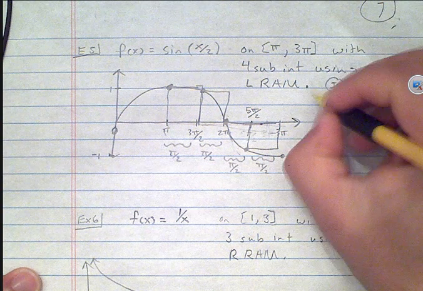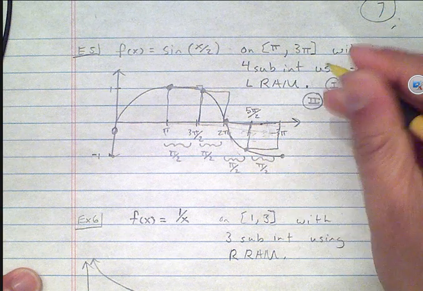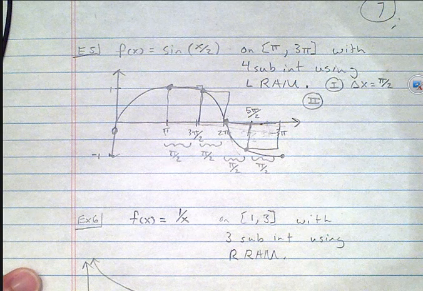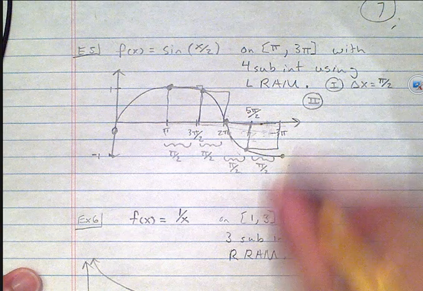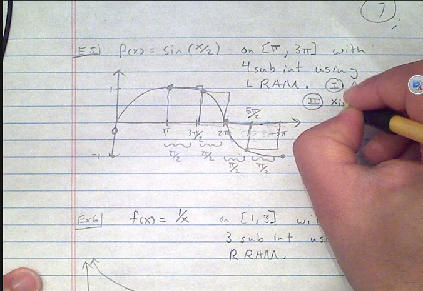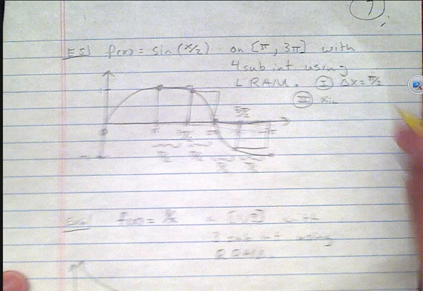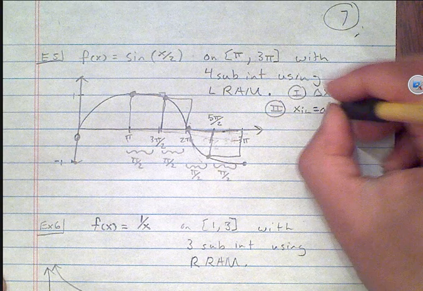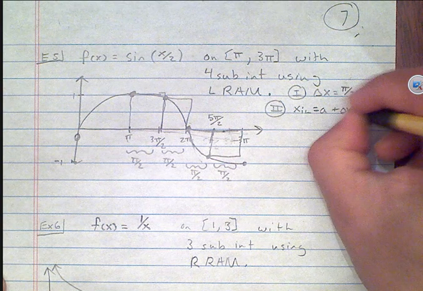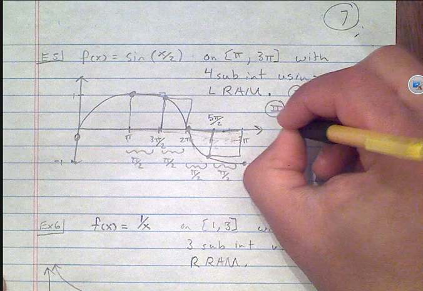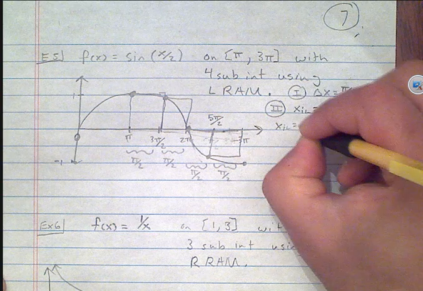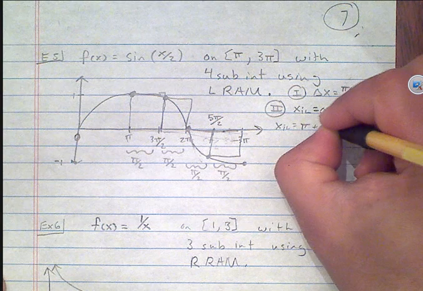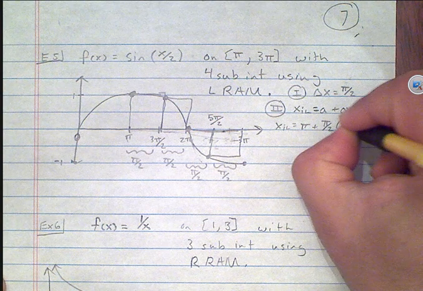Alright, step 2, let's find our x sub i L. x sub i L is equal to a plus delta x times i minus 1. x sub i L is equal to a, which is pi, plus delta x, which is pi over 2, times i minus 1.